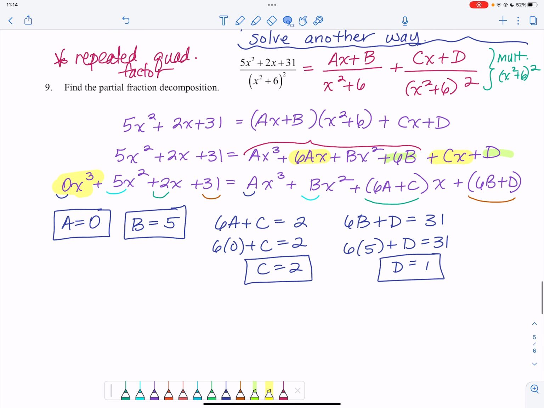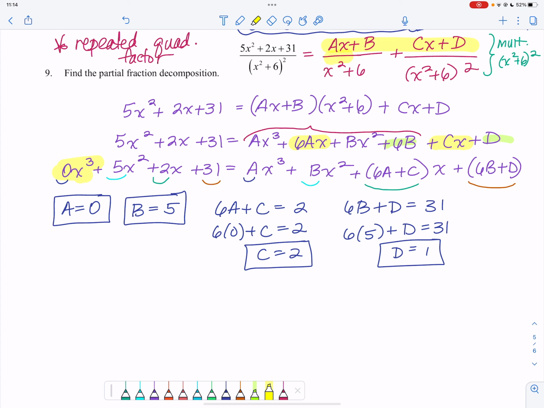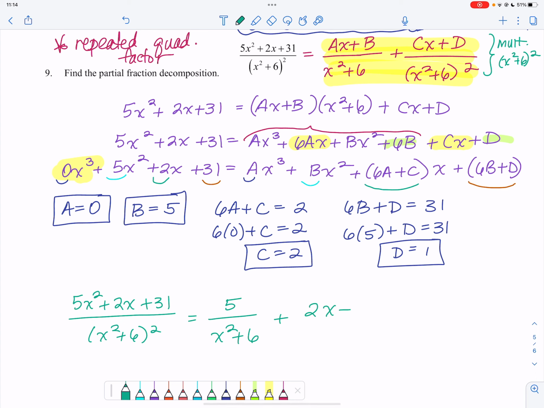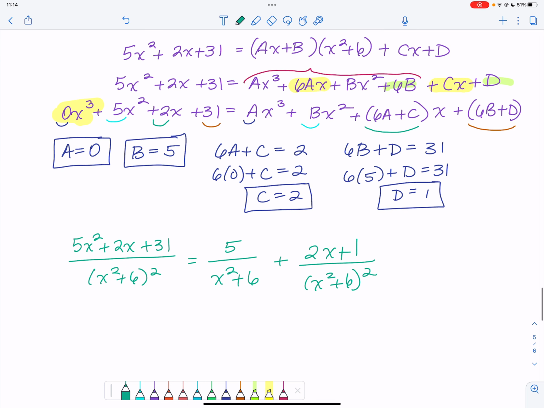Okay, so looking right up here, we're going to say that 5x squared plus 2x plus 31, all divided by x squared plus 6, all squared, is equal to ax, which is 0x, plus b over x squared plus 6, plus 2x plus 1, all divided by x squared plus 6, all squared.